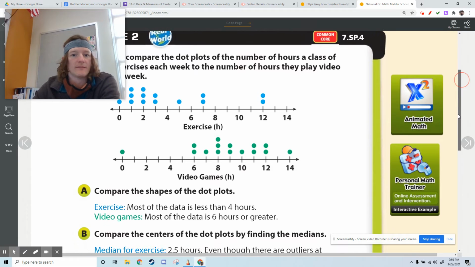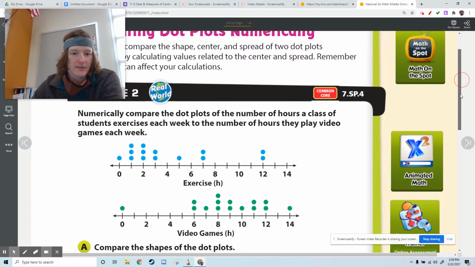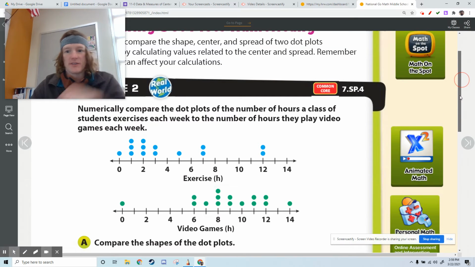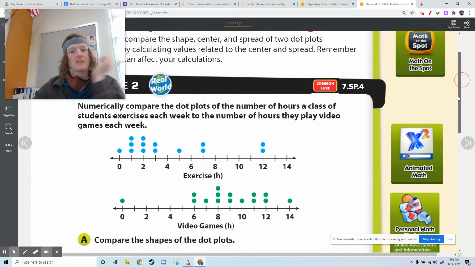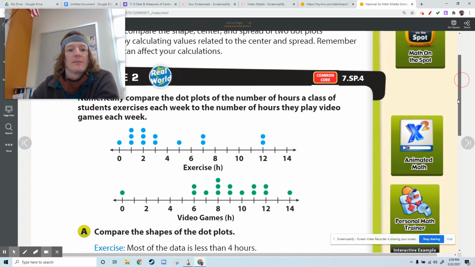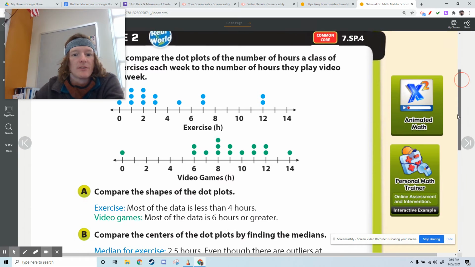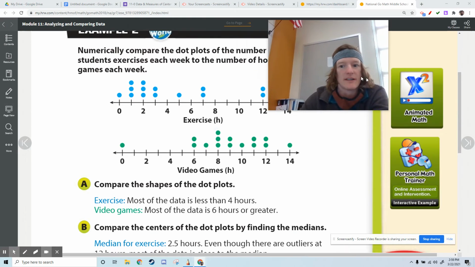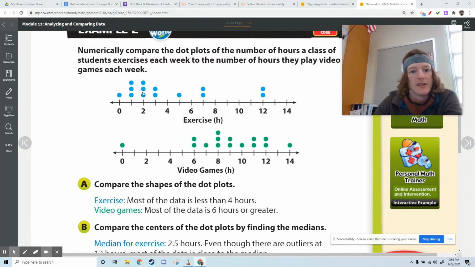We've got numerically compare the dot plots of number of hours a class of students exercises each week to the number of hours they play video games each week. So looking at the exercise hours, we have a cluster on the left. A lot of people don't exercise very much.